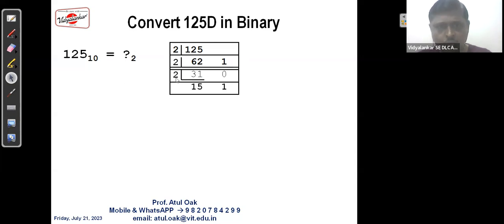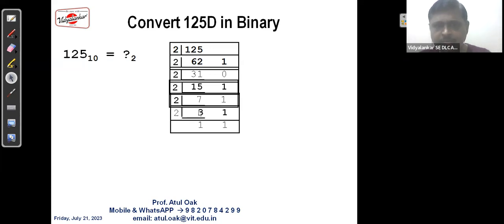Divide 31 by 2. Your remainder is 1, your quotient is 15. Divide 15 by 2. Your remainder is 1, your quotient is 7. Divide 7 by 2. Your remainder is 3, correct? No, your remainder is 1 and quotient is 3.